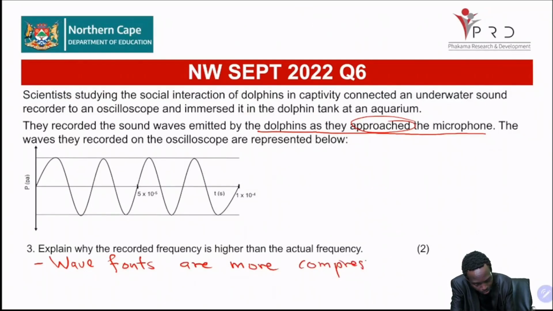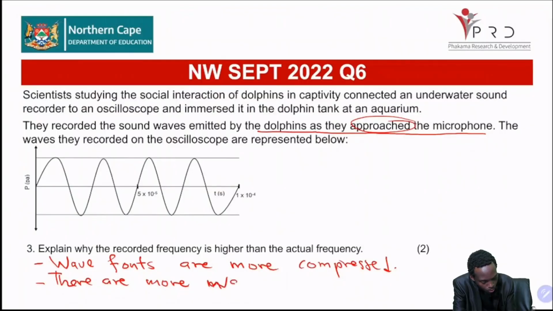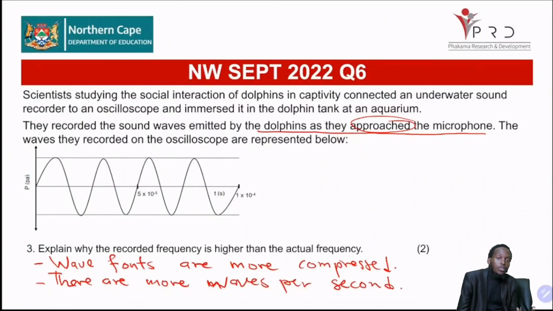And what does this imply? When waveforms are more compressed, it simply means that there are now more waves per second. And if there are more waves per second, then there's going to be a higher frequency. So yeah, because we were told that the dolphins are approaching the microphone.